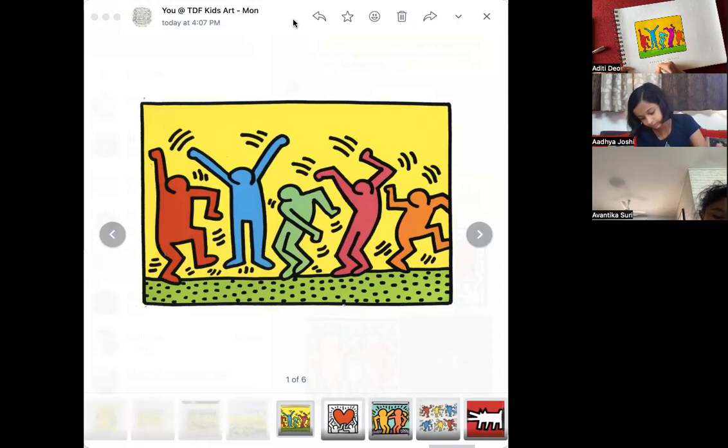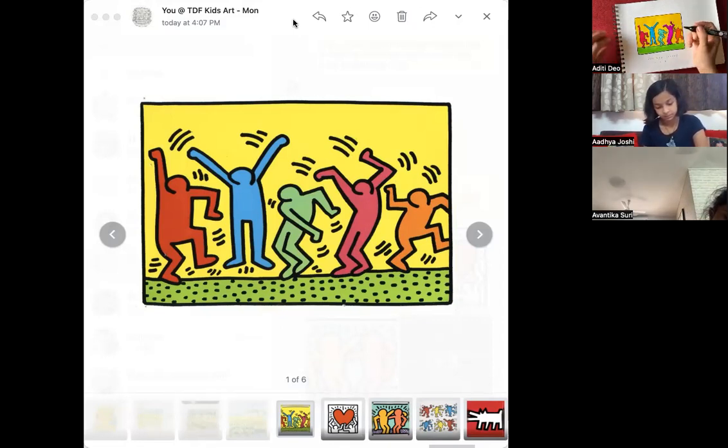And this was painted in 1987. So I've just written it at the bottom because that way we know a little bit about the painting also.